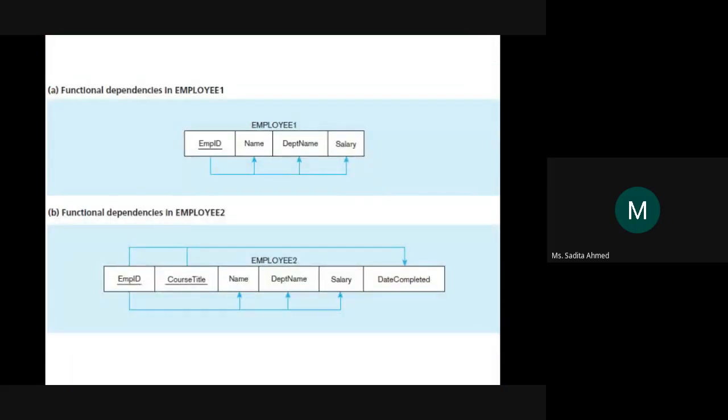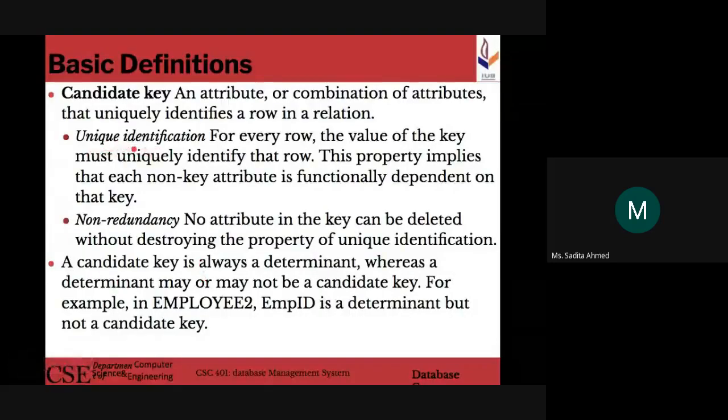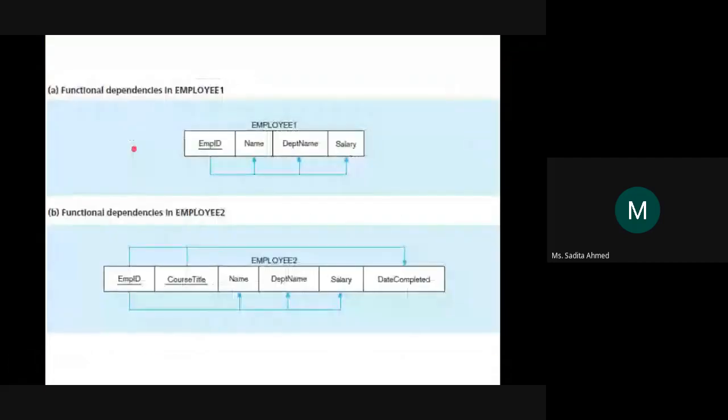However, what if we make the primary key by combining emp id, course title, date completed? What's wrong with that? Date completed. If we make date completed a part of the primary key, will it destroy the property of unique identification? No. But will it make any difference?